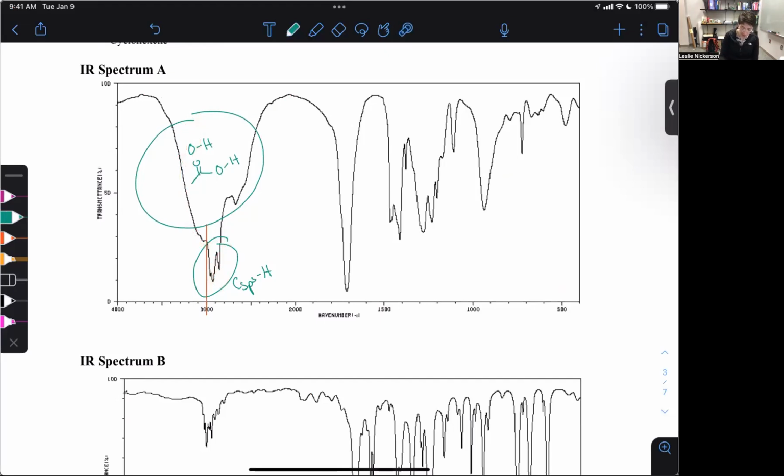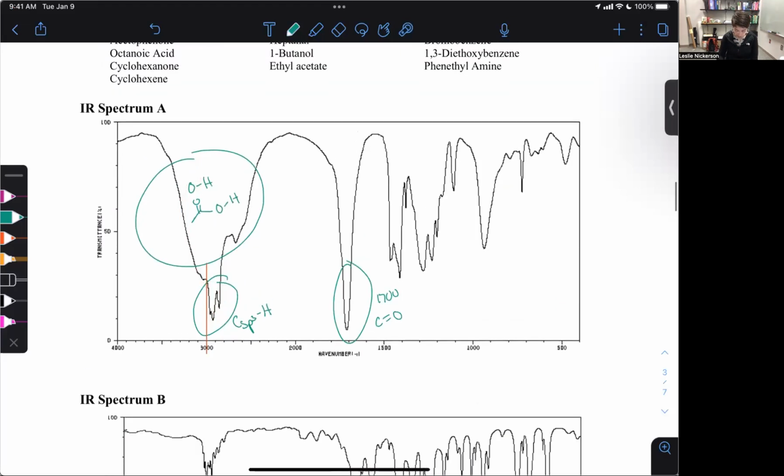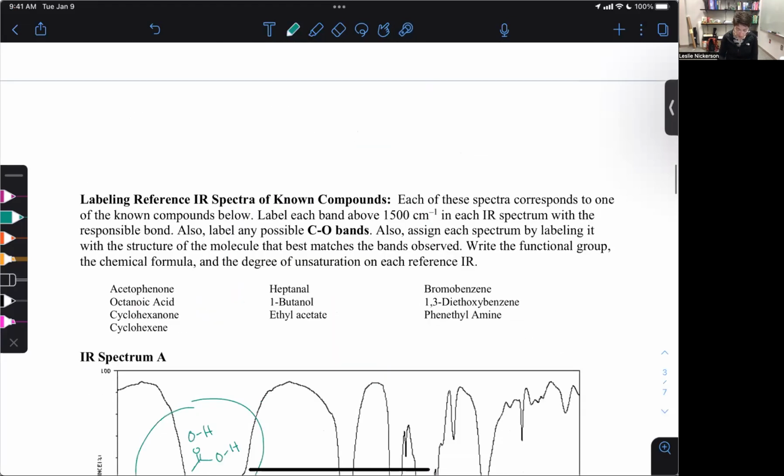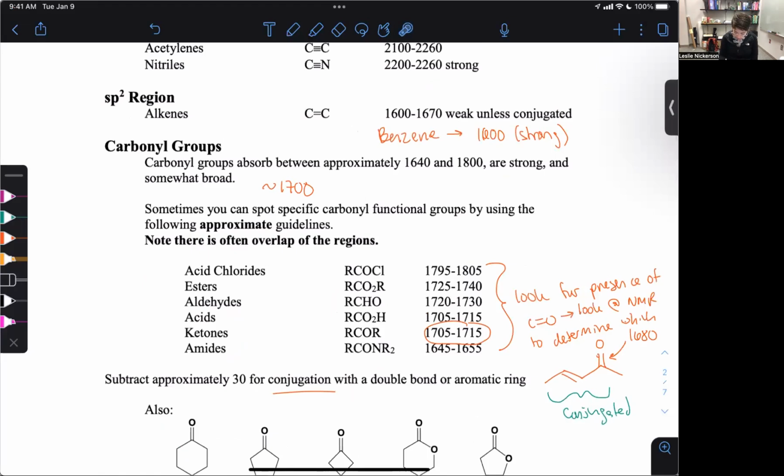Okay, then the other big one that I'm looking at is this guy right here. It's right around 1700. That's going to be a carbonyl peak for sure. It looks like it's right on 1700, maybe a little bit above. So you could dig through this and say it could be a ketone or an acid.